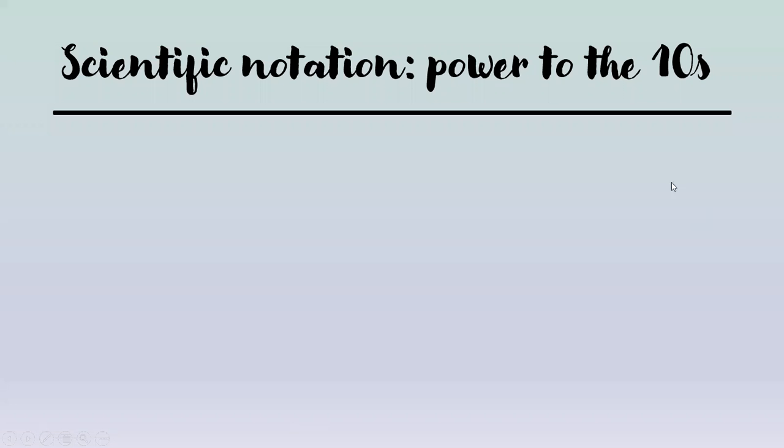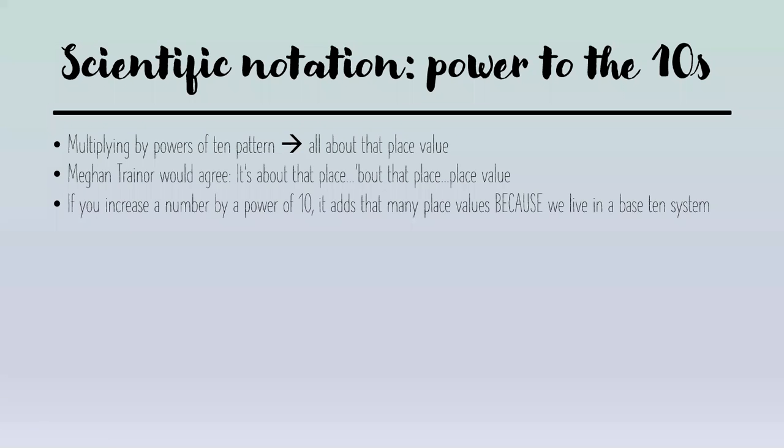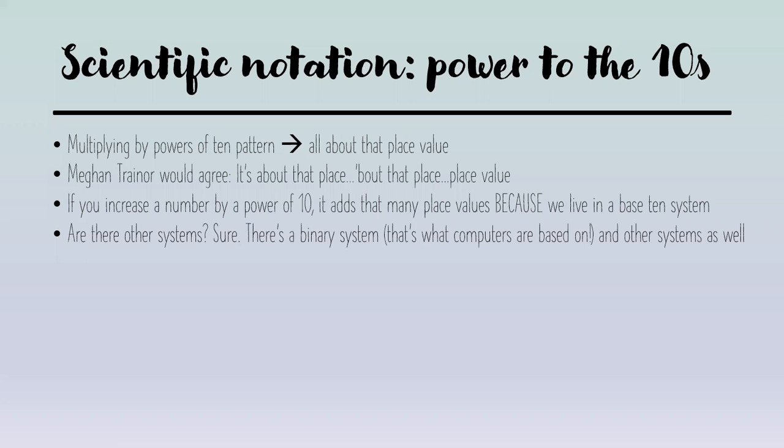Okay. So scientific notation is all about place value. A lot of people get confused because it doesn't look like place value, but it really is. It's all about place value. So when we are looking at the pattern of multiplying or dividing by 10, we're talking about place values because we use a base 10 system.